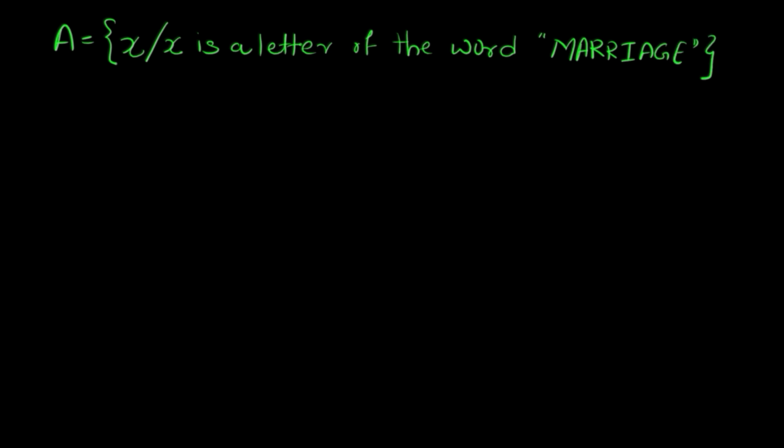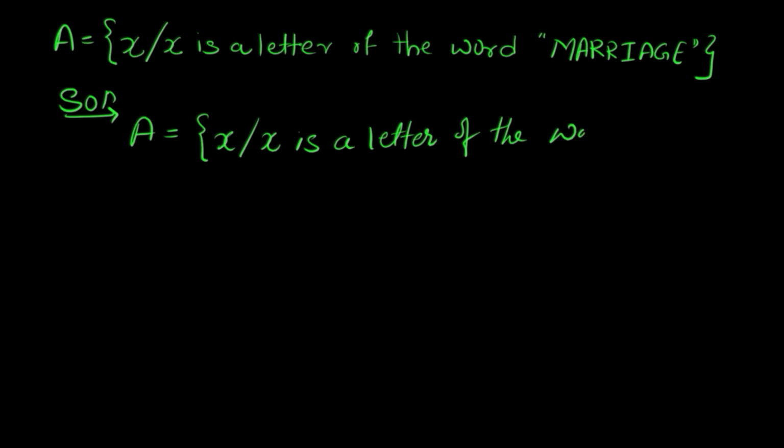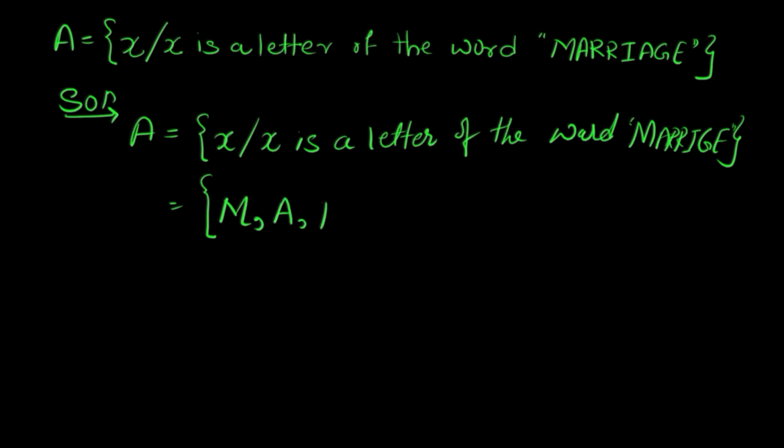Solution: A is equal to {x such that x is a letter of the word marriage}. We write in roster form each element only once: M, comma, A, comma, R, comma, R is already written. Next I, comma, G, comma, E.